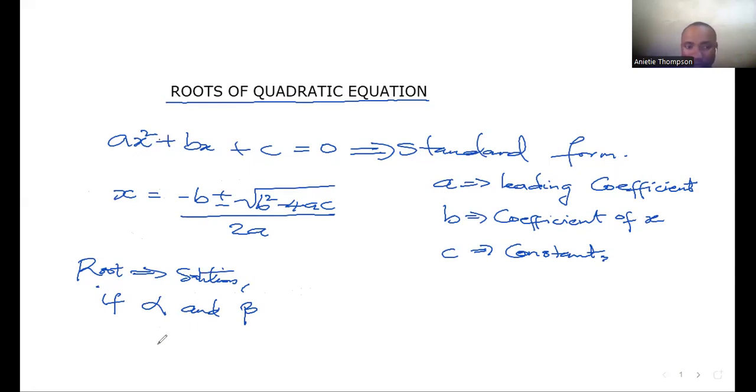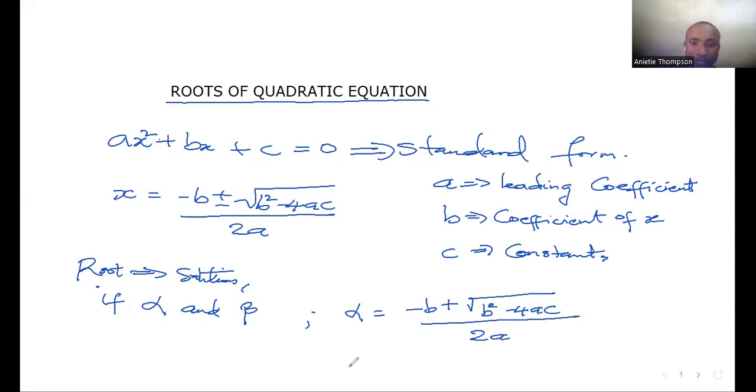So that means we can write alpha as equal to minus b, and I can decide to use plus the square root of b squared minus 4ac, all over 2a.